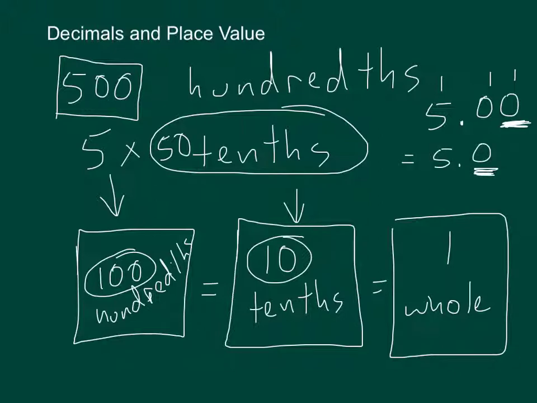And there's the tenths place. So you see that it's the same thing as writing 5, but in case we write a decimal and a 0, this would be tenths, and this would be hundredths. And you would read it 500 hundredths, 50 tenths, or the number 5, or just 5.